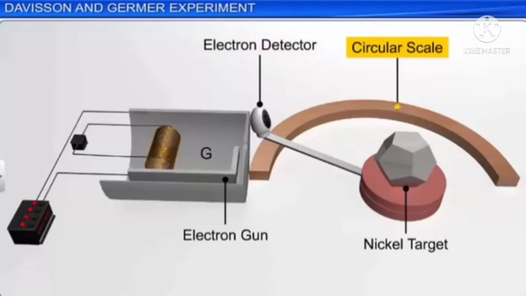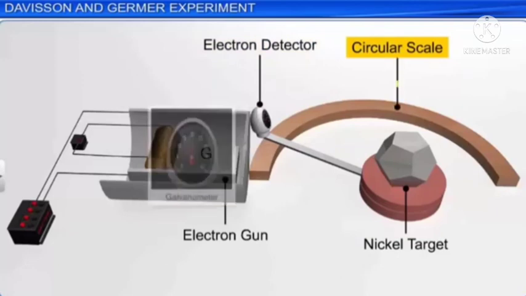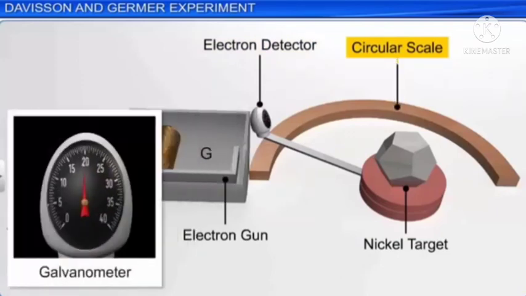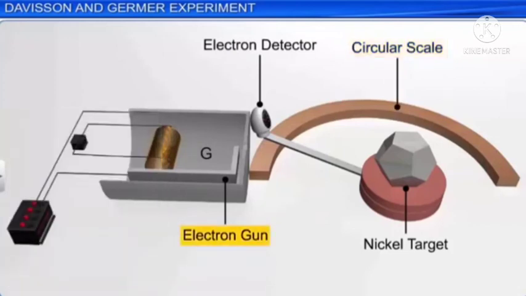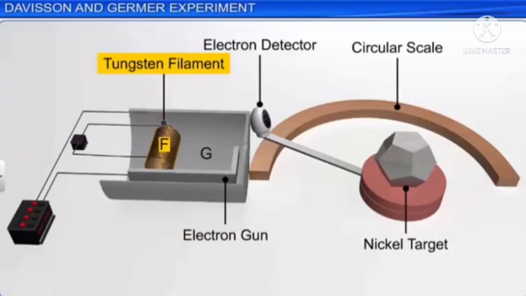The electron detector is connected to a sensitive galvanometer used to measure current. The electron gun G is used to produce a beam of electrons. The electron gun constitutes a tungsten filament F coated with barium oxide and can be heated with a low voltage power supply.